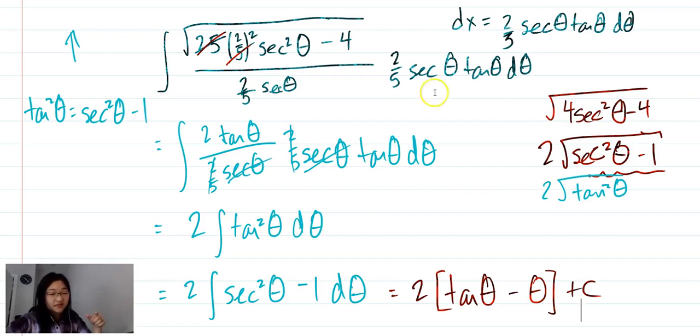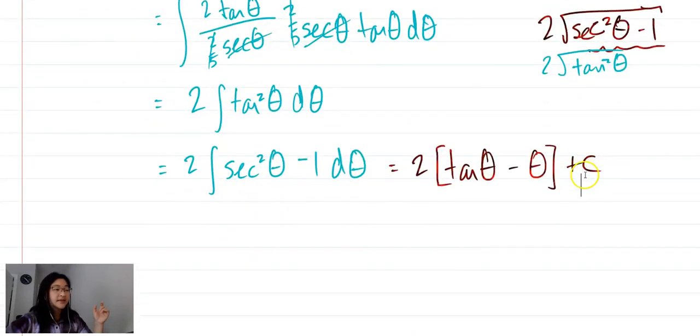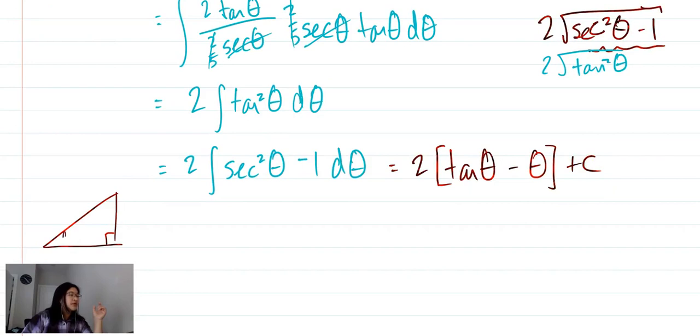Now, that's still in terms of theta, so we're not quite done. Remember the right triangle that we had drawn up here? I'll draw it again down here. So we have theta, we have a 5x, and we have a 2. We need tangent, so that's opposite over adjacent, and we need to figure out what that opposite side is. That's Pythagorean theorem stuff.